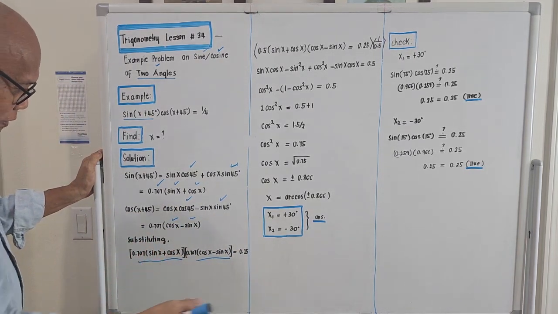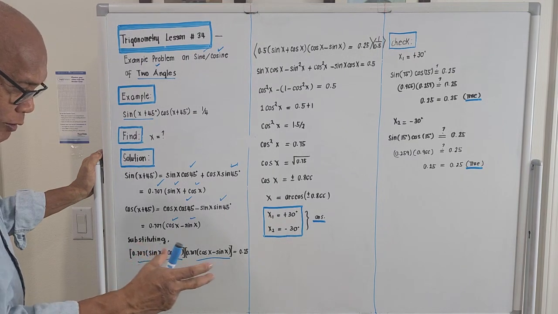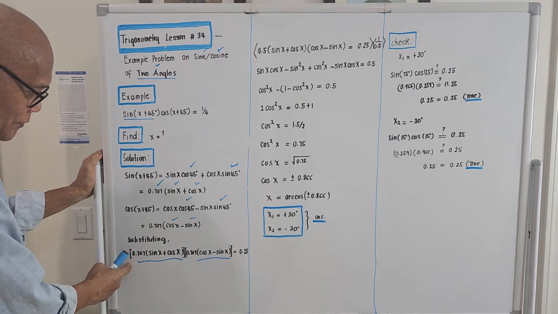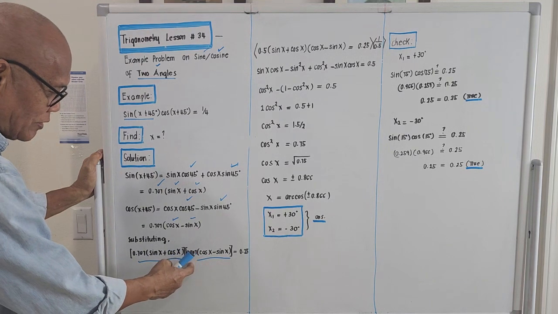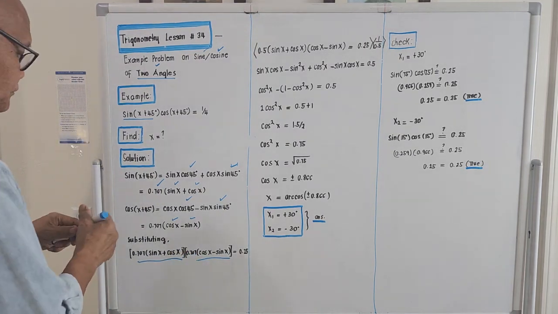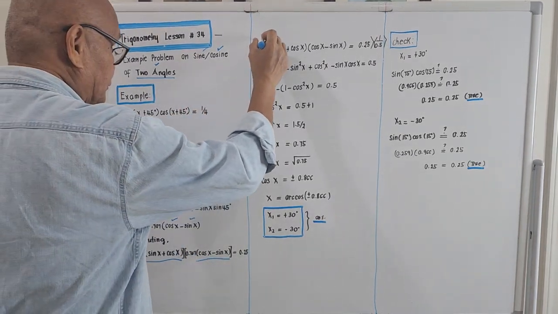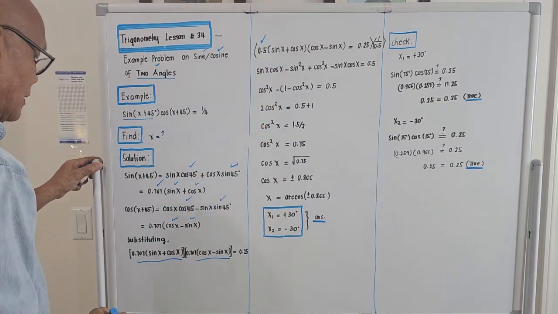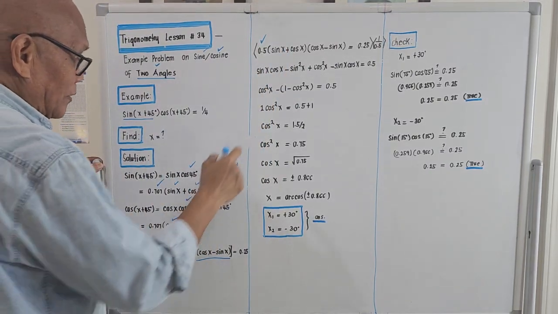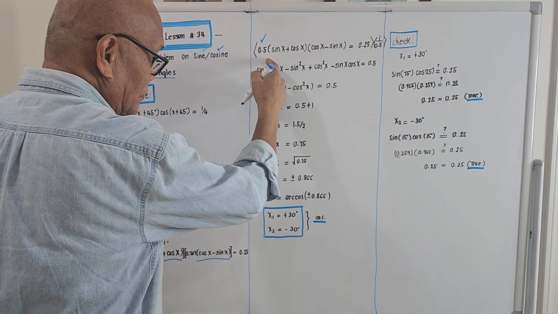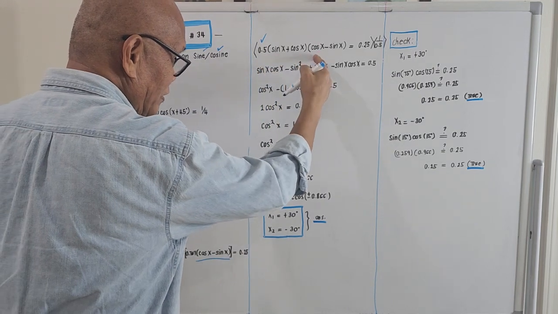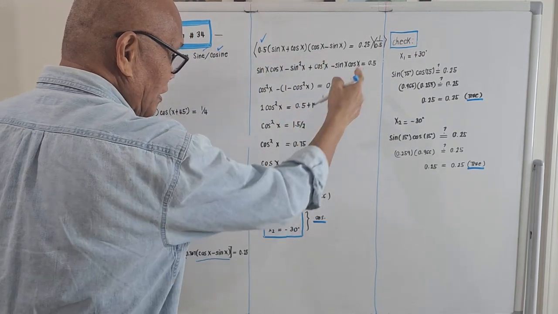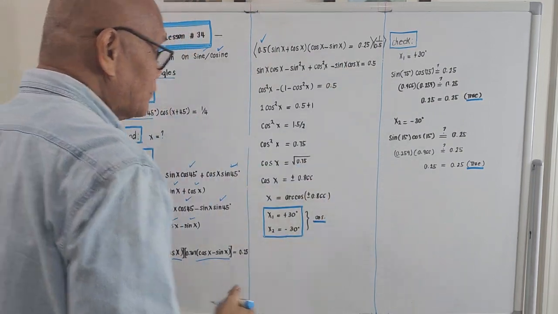Let's expedite a little bit. We multiply all the constant terms on the left. 0.707 times 0.707 is actually 0.5. Then what will come out will be the quantity sine of x plus cosine of x times the quantity cosine x minus sine x, and this should be equal to 0.25.